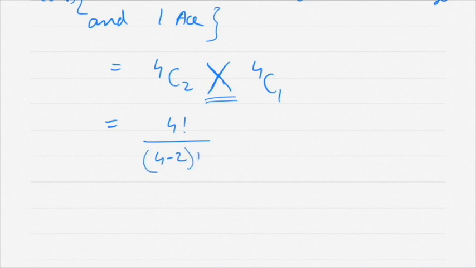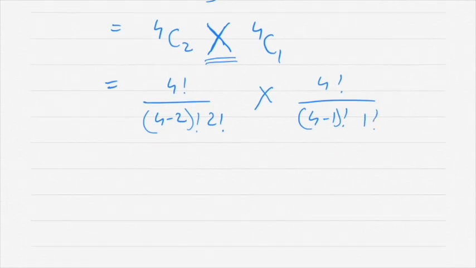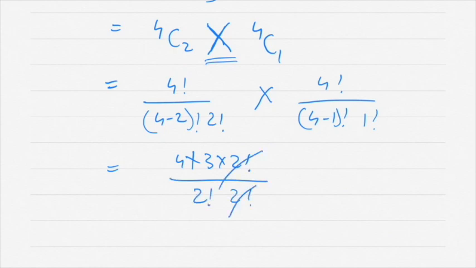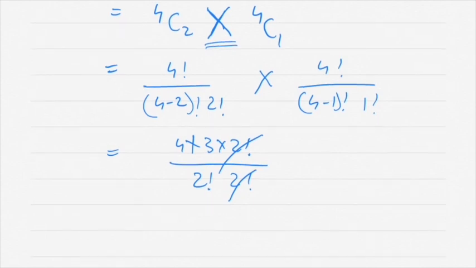So 4C2, solve it. 4 factorial over (4 minus 2) factorial, 2 factorial, multiplied by 4 factorial over (4 minus 1) factorial, 1 factorial. Okay. So 4 factorial is 4 into 3 into 2 factorial. 4 minus 2 is 2 factorial. 2 factorial into 2 factorial, 2 factorial you can delete. 2 factorial is 2 only. Right?